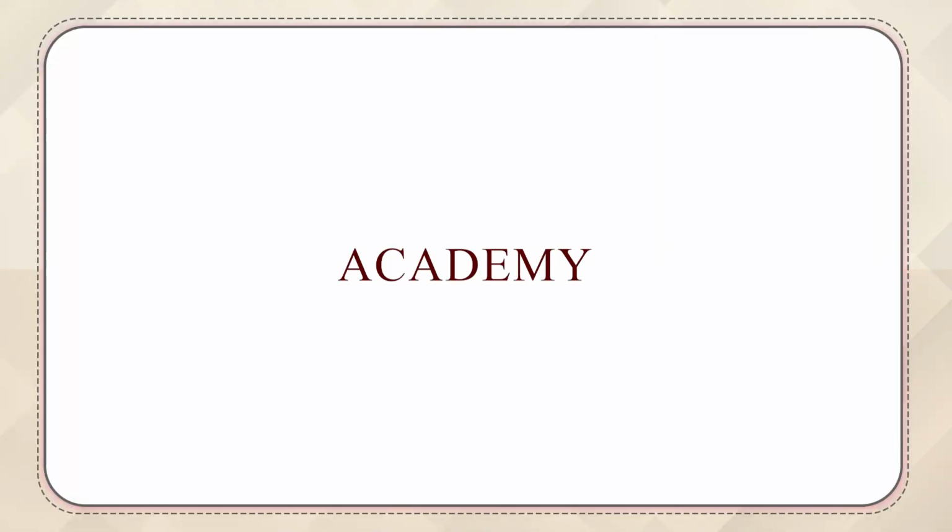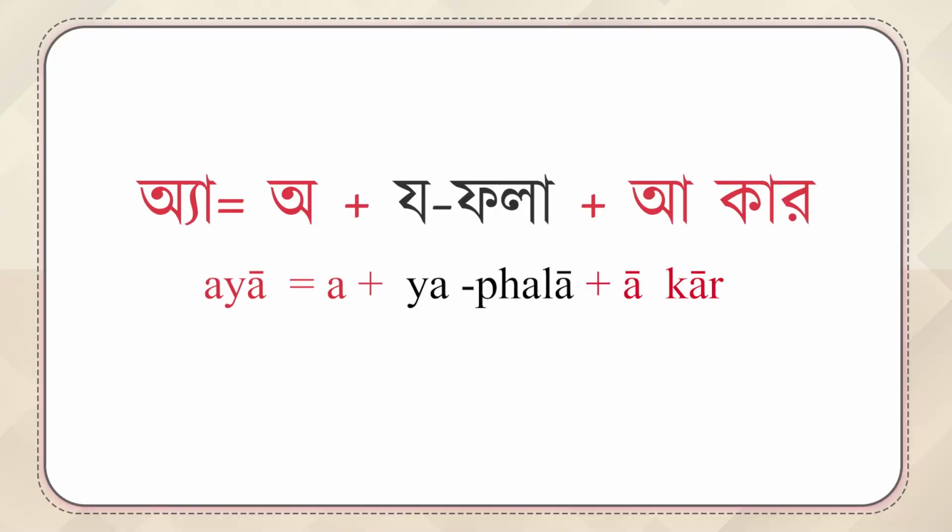For certain borrowed words like academy, during transliteration, we encounter the orthographical clusters of vowels and consonants. To capture the pronunciation of academy, a cluster of o, ja phalā and akar is introduced. Ja phalā is only attached with one vowel, that is o.